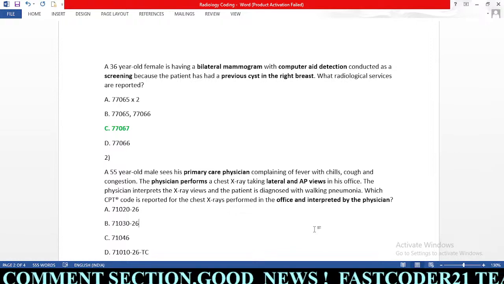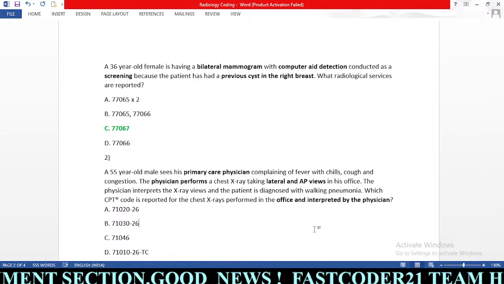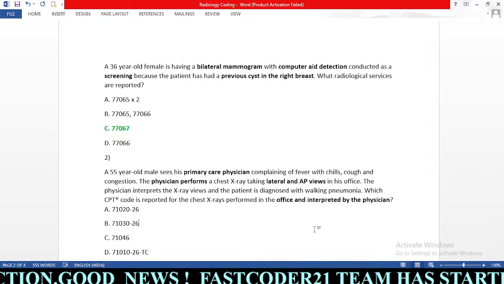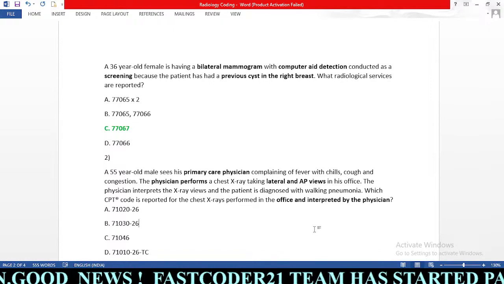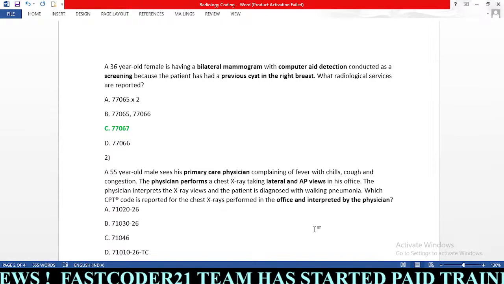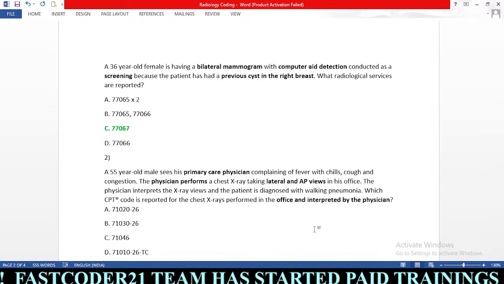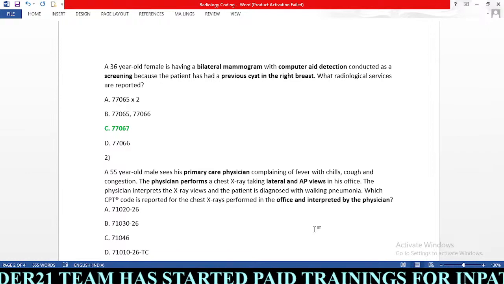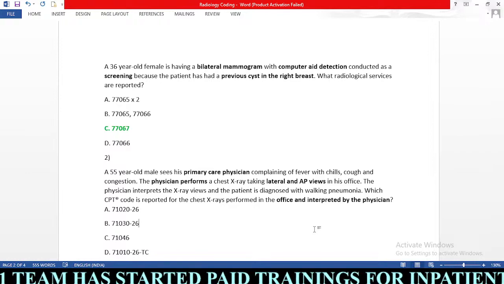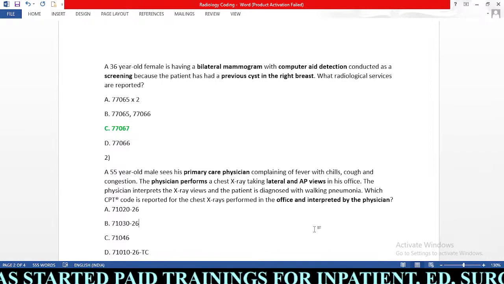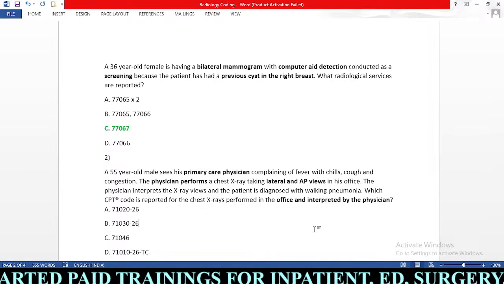So what is 71020? One second. 71020, I think we don't have these codes. We only have 71046.